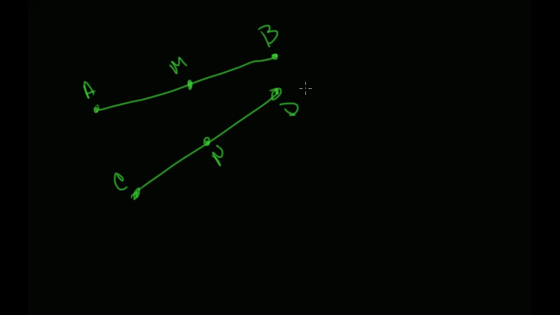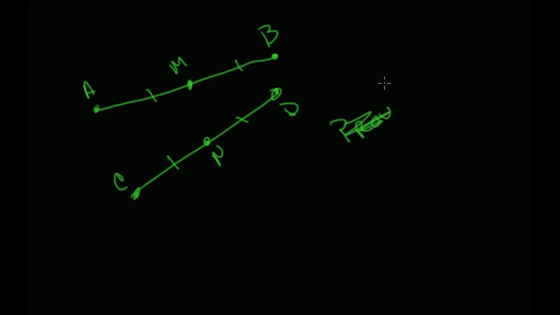The information that we're going to give is that M is the midpoint of AB, so these have to be equal. And then we know that N is the midpoint of CD, which is going to make these equal.